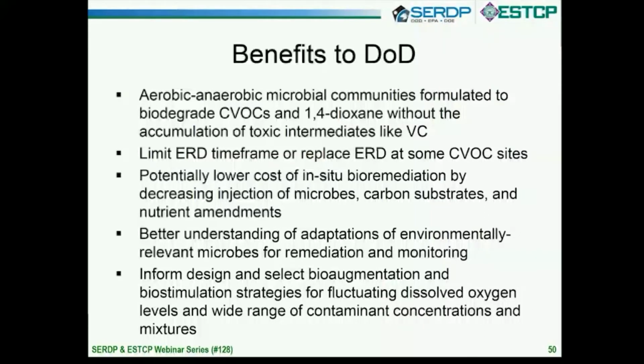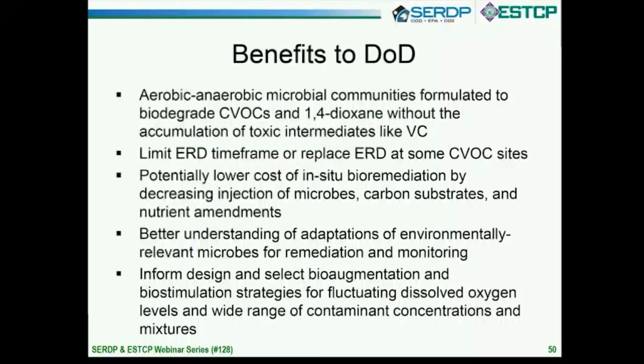From the science point of view, I think this project, like SERDP's research projects, will help us understand how environmentally relevant microbes adapt to different biogeochemical conditions, and that's important to improve remediation and monitoring activities.